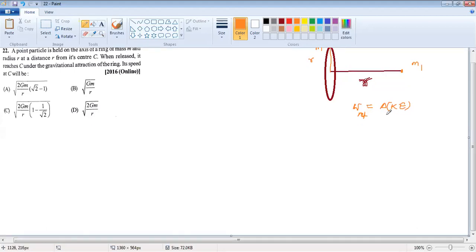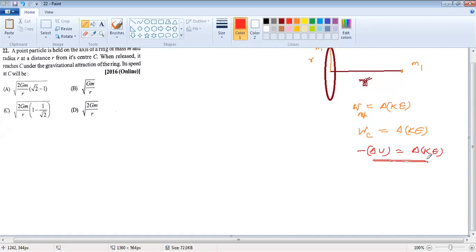Here the net force is only the conservative force, so work done by conservative force equals change in kinetic energy. The conservative force is the gravitational force, so work done by gravitational force equals negative change in potential energy, which equals change in kinetic energy. This is the basic principle we can apply here.